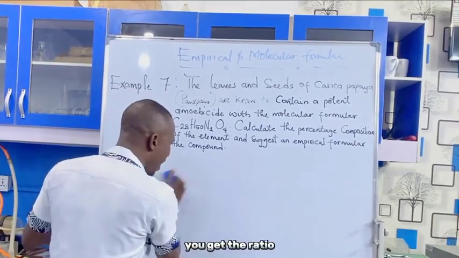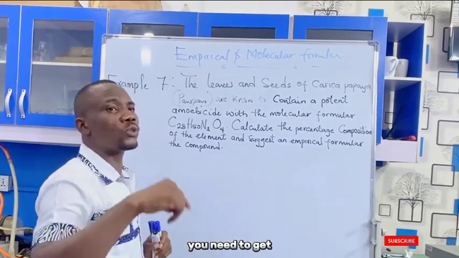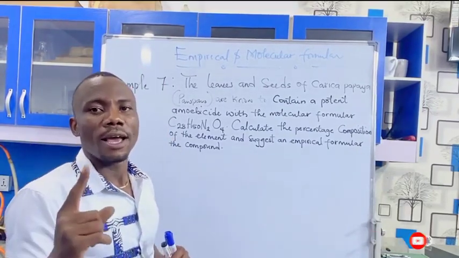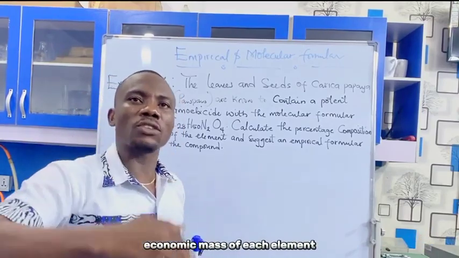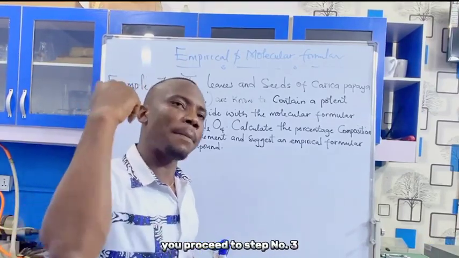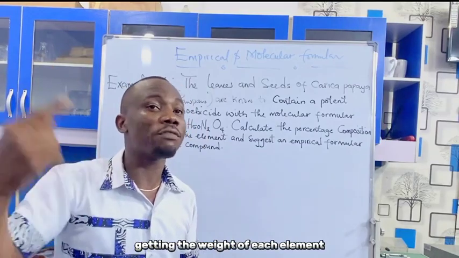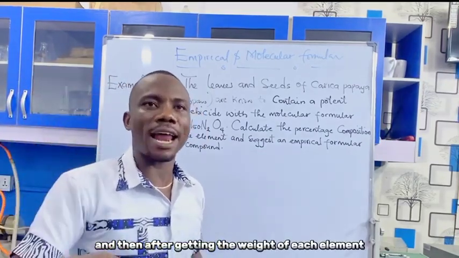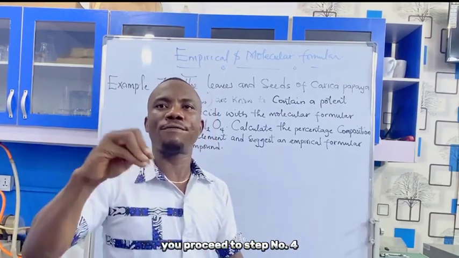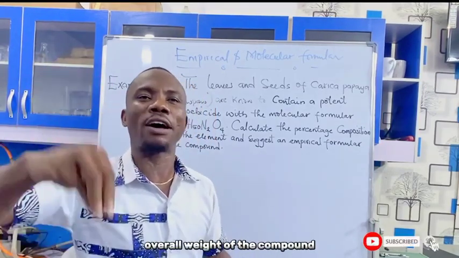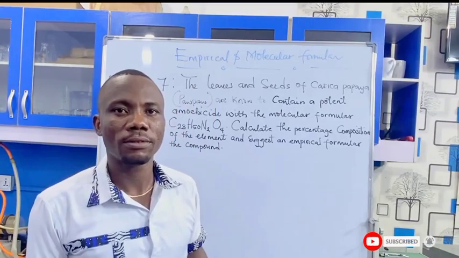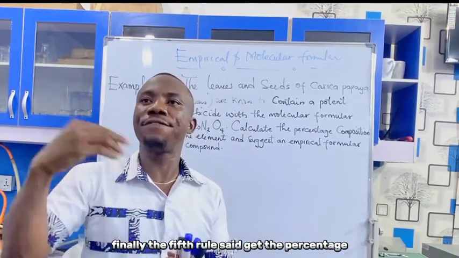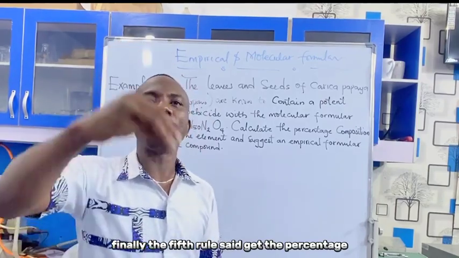After the ratio, you need to get the relative atomic mass of each element. Then you proceed to step 3, getting the weight of each element. Then step 4 said get the overall weight of the compound. After arriving at the overall weight of the compound, finally the 5th rule said get the percentage.